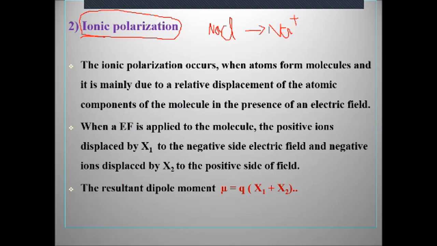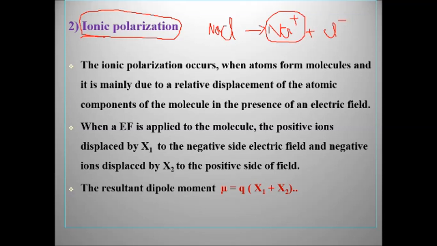Now this is the sodium ion. That is, sodium has lost one electron and chlorine has gained one electron.